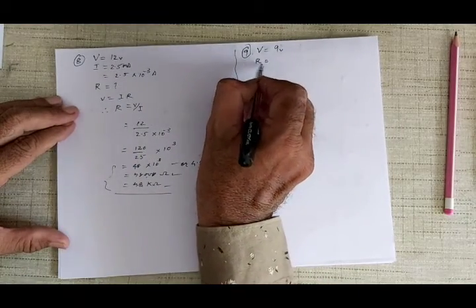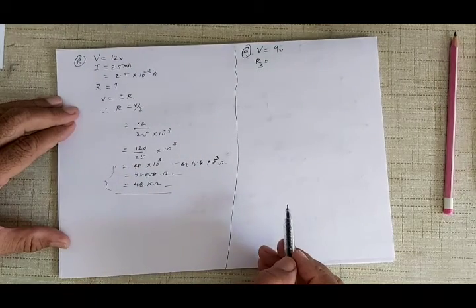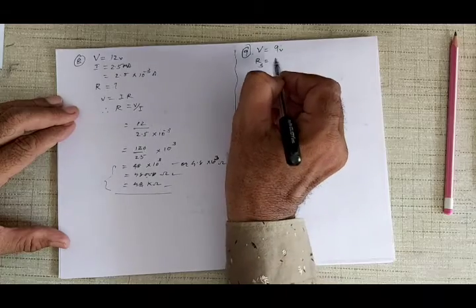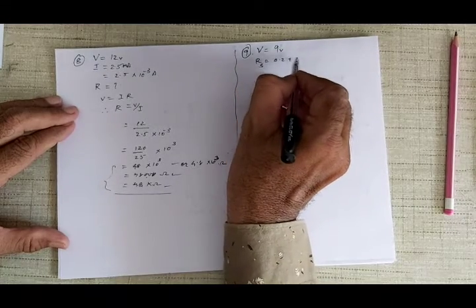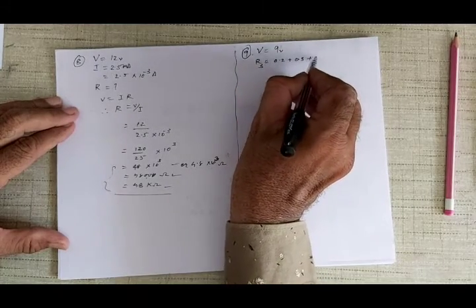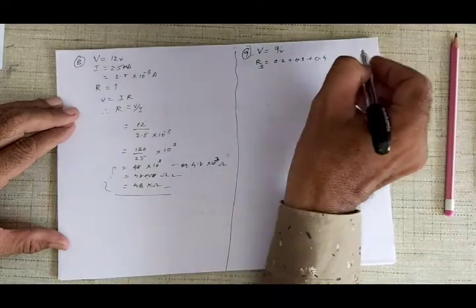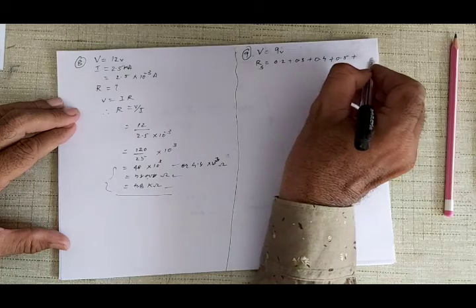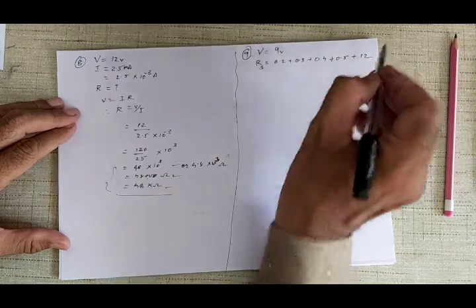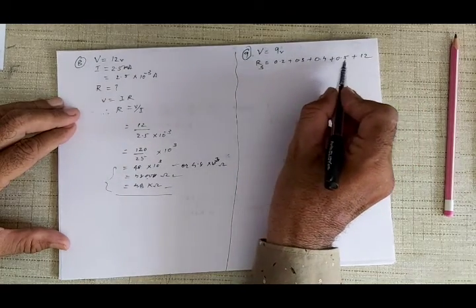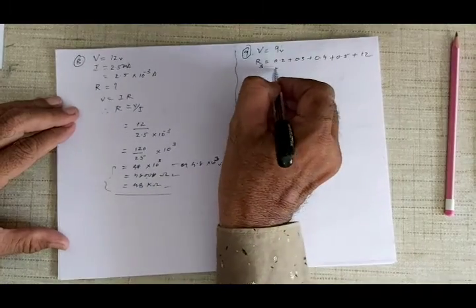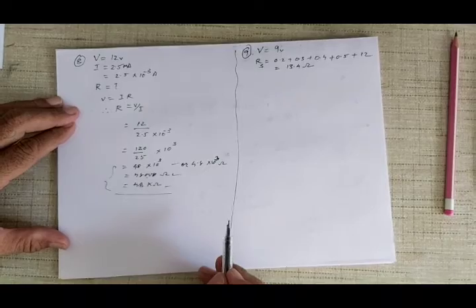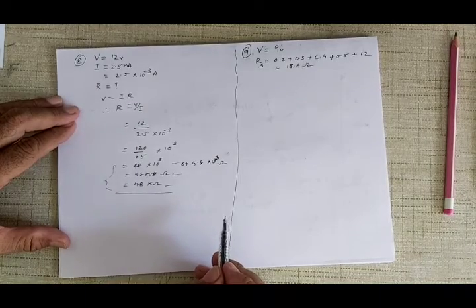So the total resistance in series will be 0.2 plus 0.3 plus 0.4, 0.5 and also 12. So 12, 3 and 2, 5 and 4, 9, 9 and 5, 14, that is 13.4 ohms. This is the equivalent resistance of the circuit.